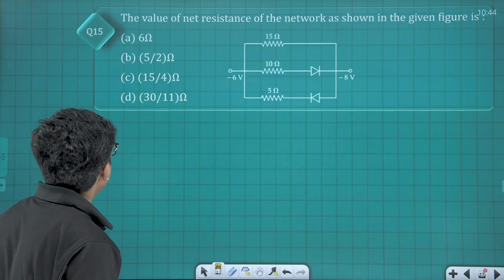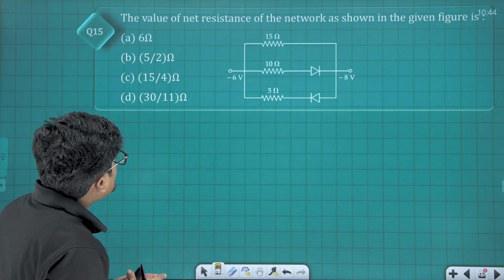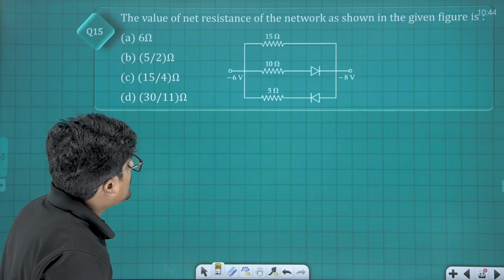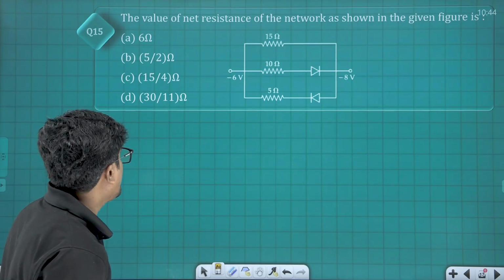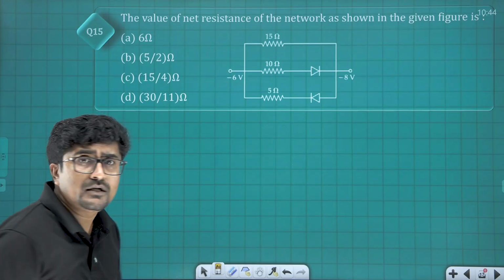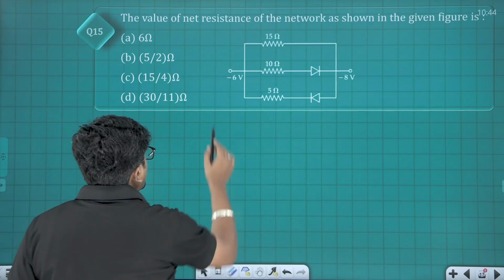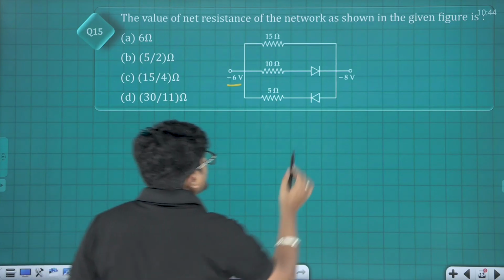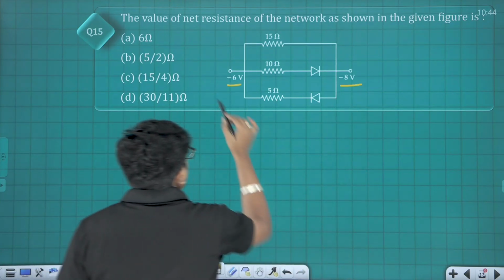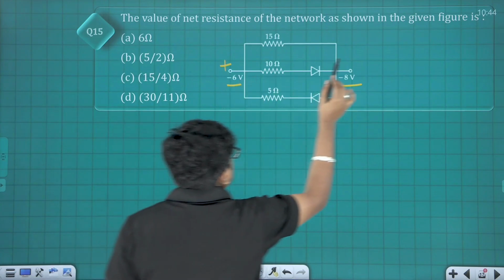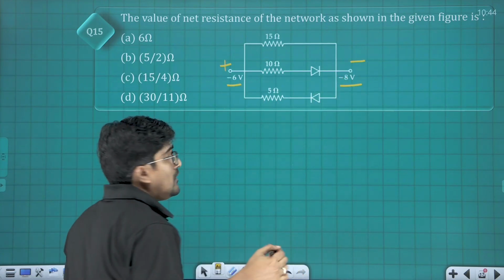Question 15. The value of net resistance of the network as shown in the figure is. Alright, we need to find out the net resistance. So here this is minus 5 volt and here this is minus 8 volt. So basically this is going to be positive and this is going to be negative.